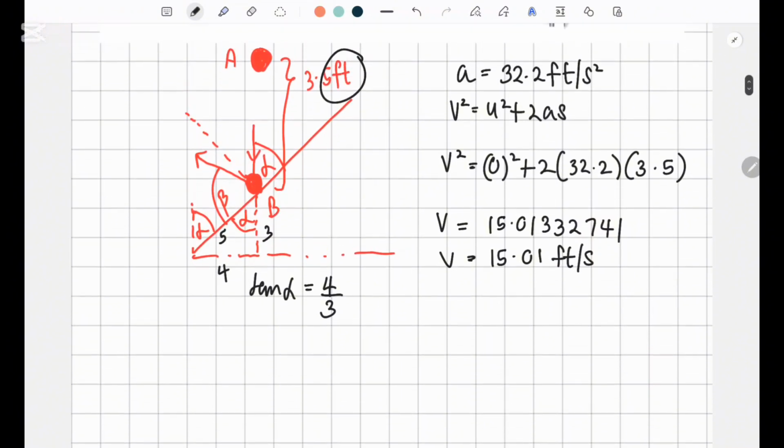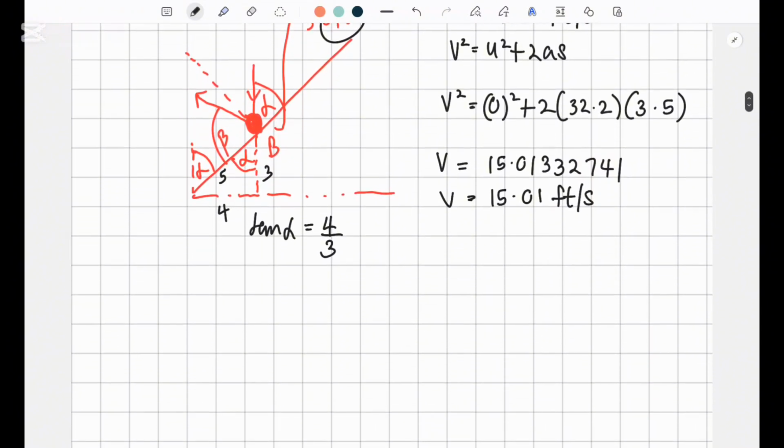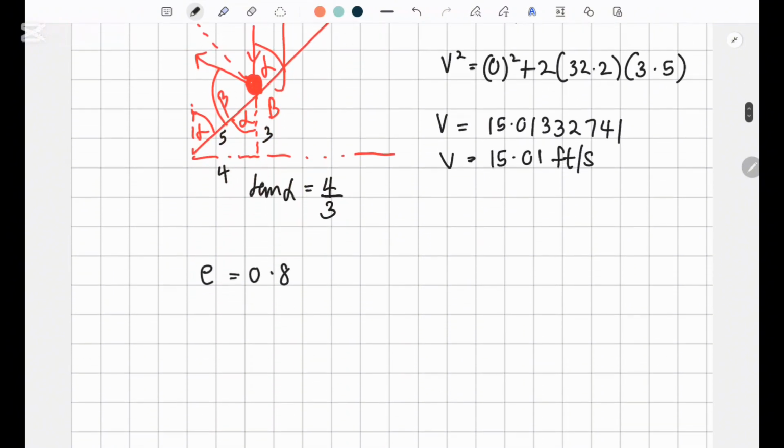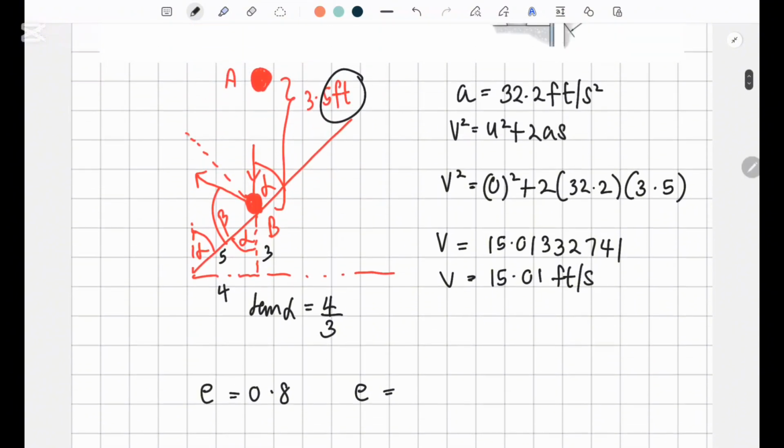Now, using the coefficient of restitution, which they've given as 0.8, you should always take the speeds that are along the axis of collision. The axis of collision in this case is the perpendicular line I drew previously.